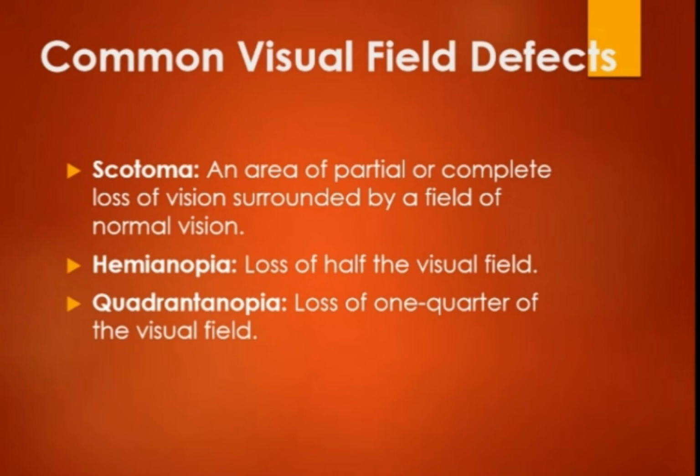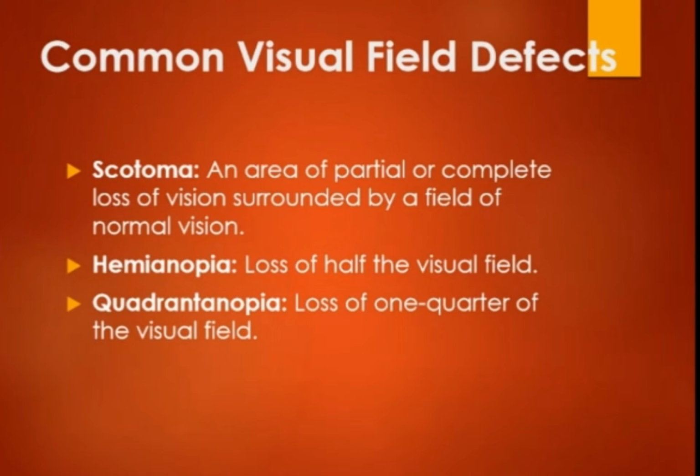There are some visual field defects. We'll just take some common visual field defects like scotoma, hemianopsia, and quadrantanopsia. A scotoma is an area of unseen within an area of seen. It's an area of partial or complete loss of vision surrounded by a field of normal vision.